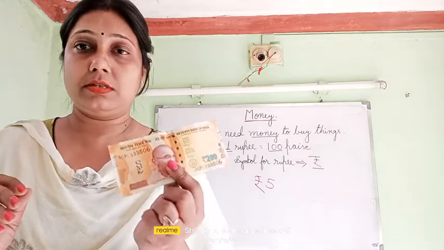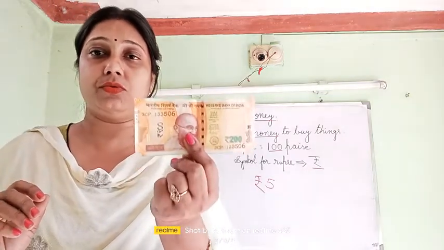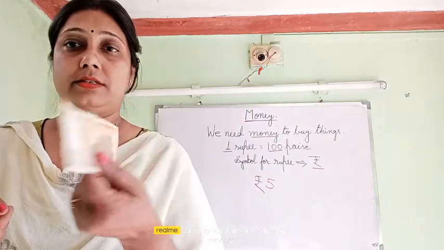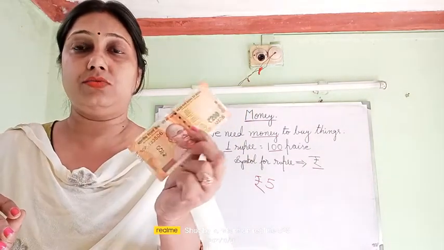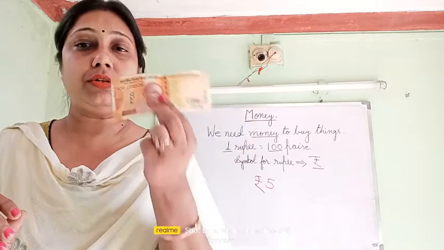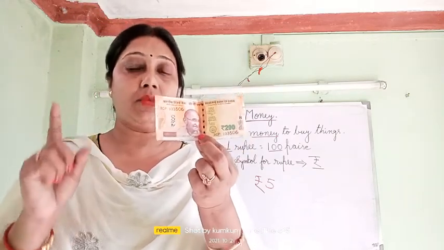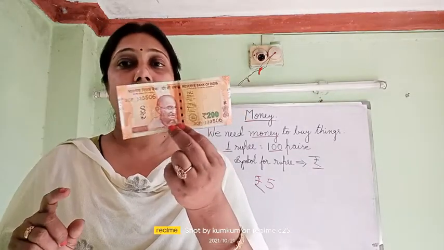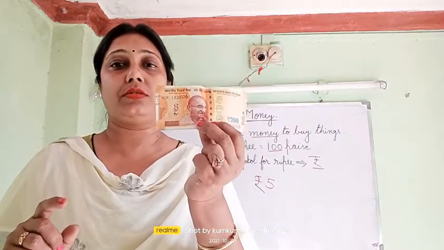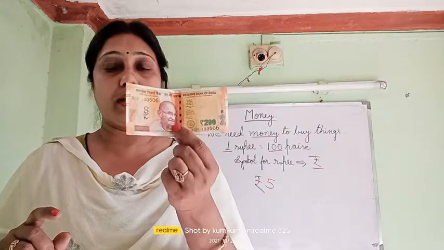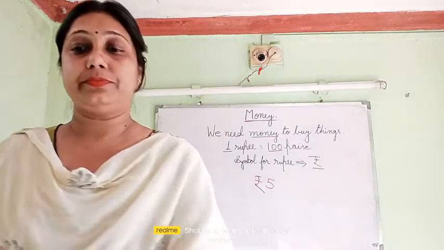See, it is a 200 rupee note. So, in 200, that means 100 and 100. 100 and 100 together make 200. That means 2 100 rupee notes are equivalent to 1 200 rupee note.